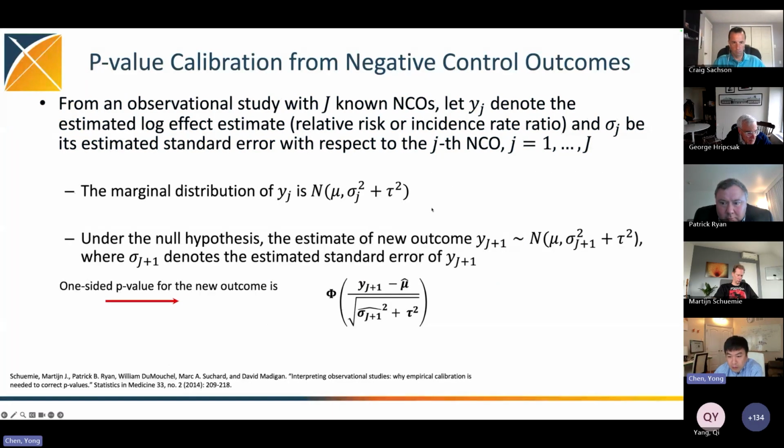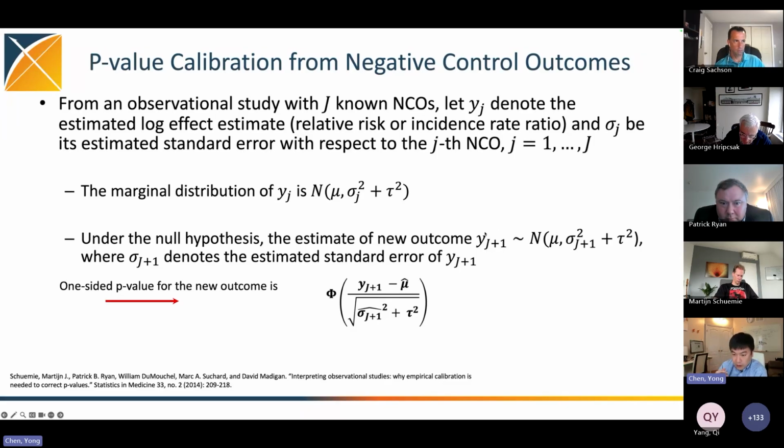So once we estimate this mu and the tau square, we can, for any hypothesis of interest, apply the proposed p-value calibration procedure, which is fairly straightforward. Basically, this is the new point estimate.